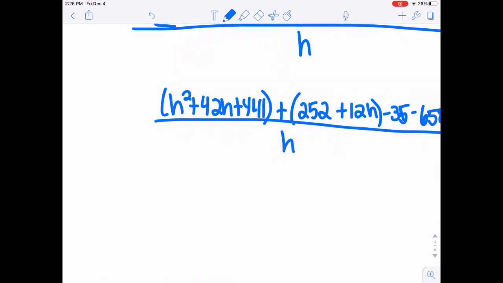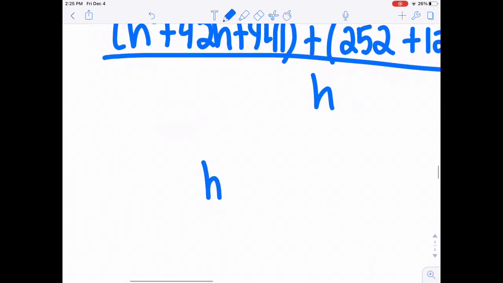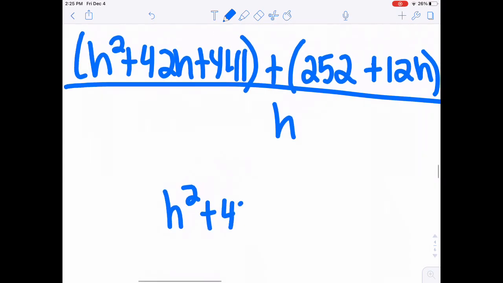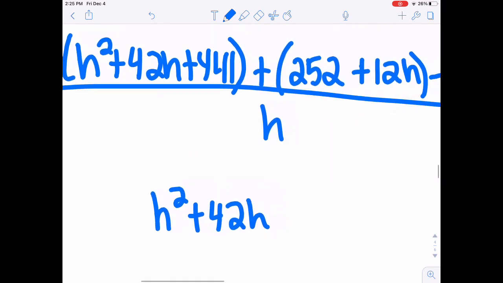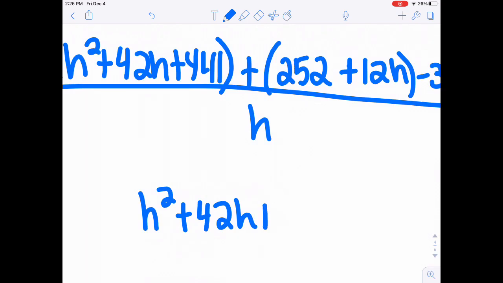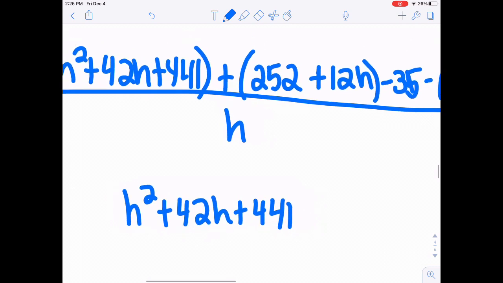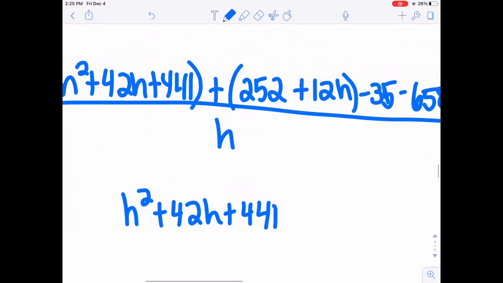And next we're going to start combining like terms. We start off with h squared plus 42h plus 441.